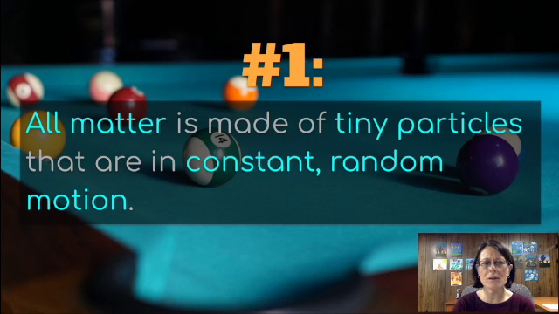So the first assumption is that all matter is made of tiny particles that are in constant random motion. Those particles are atoms and molecules, and they are in motion. I have the billiard balls in the background because gases behave a lot like billiard balls.